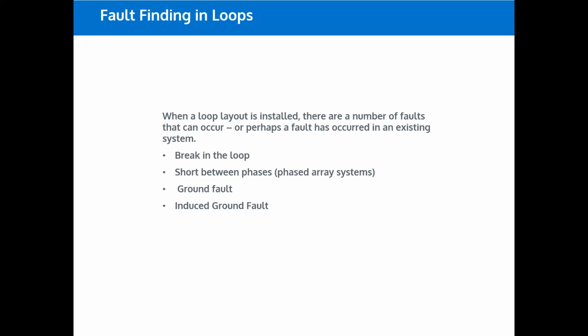So basically the basic types of faults that are going to occur are a break in the loop where it's been cut or damaged, or a short between phases. For example, with a phased array system, especially with copper tape, you may have a short taking place between the two phases.